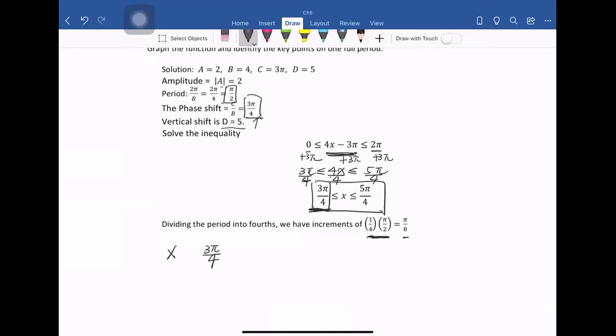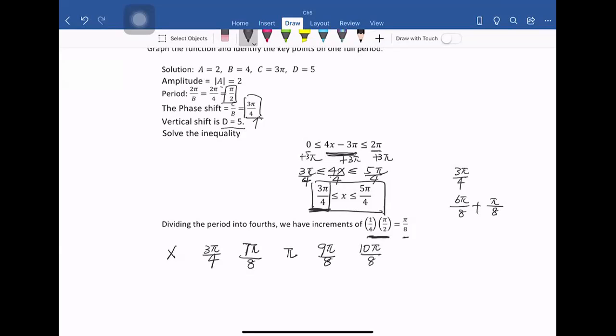So let's count it here. 3 pi over 4, that's 6 pi over 8, plus pi over 8, 7 pi over 8. Next one, plus pi over 8, that's 8 pi over 8. That's a pi. So pi plus pi over 8 is 9 pi over 8. 9 pi over 8 plus pi over 8 is 10 pi over 8.